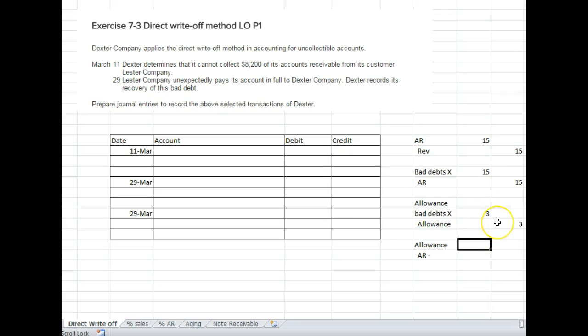Let's say one person owed $1. So I debit the allowance account, and I credit the AR. What this does is it removes, okay? You'll notice it removes. I'm not hitting bad debts, I'm not hitting revenues, and it just makes it cleaner.